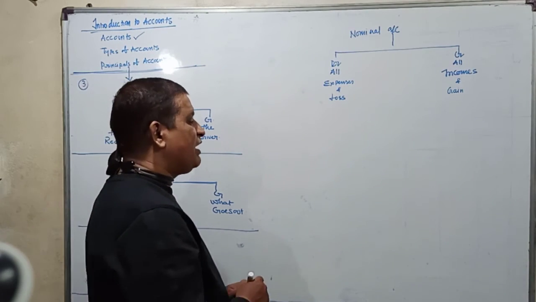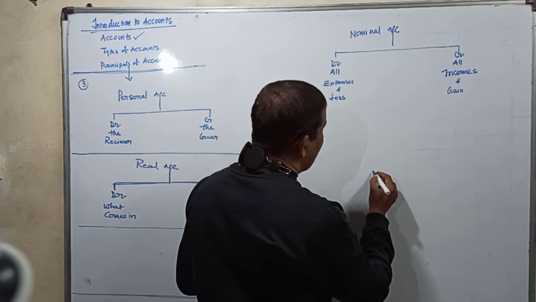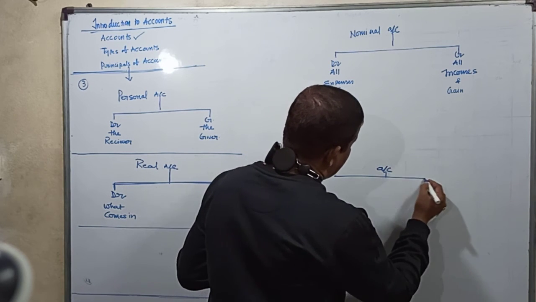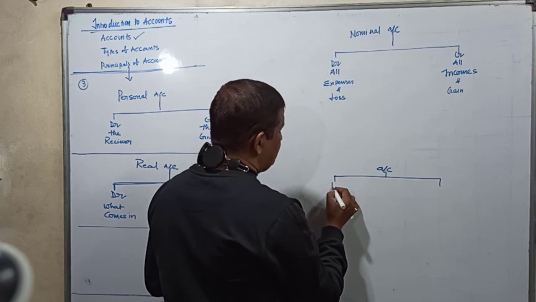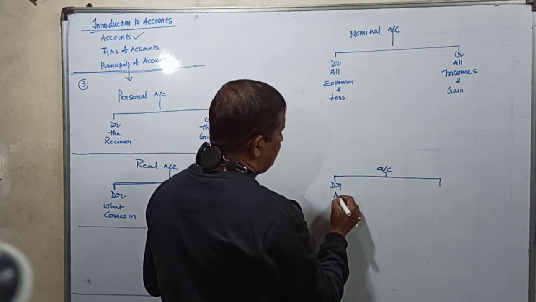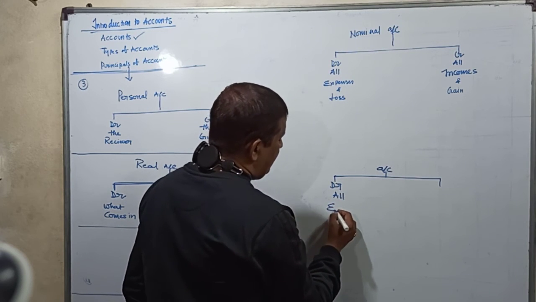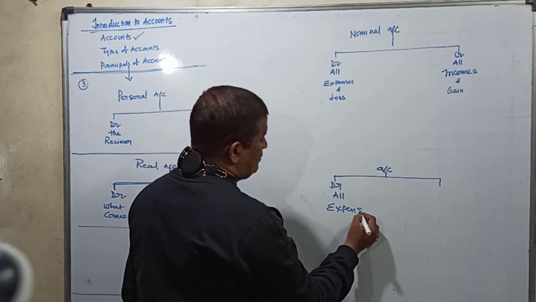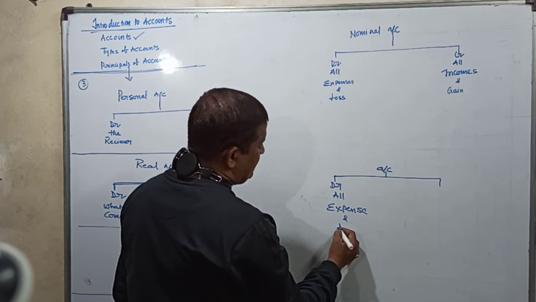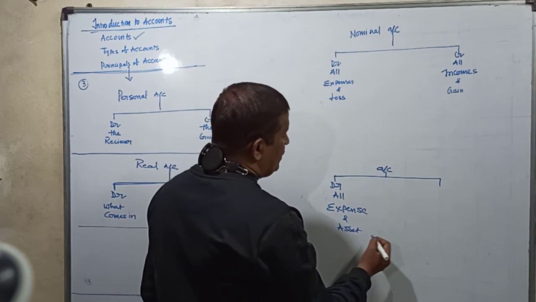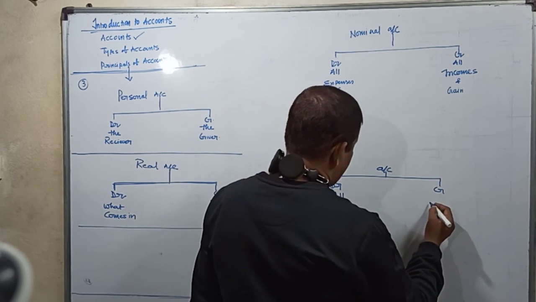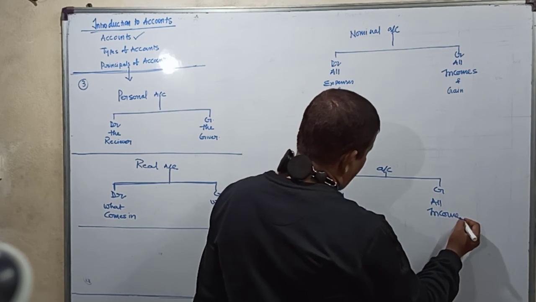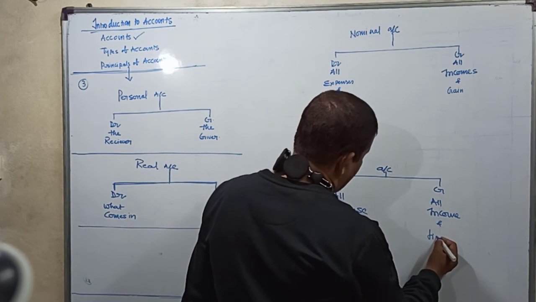Apart from this, we have one modern rule. The modern rule for account says that debit all expenses and assets, credit all income and liability.